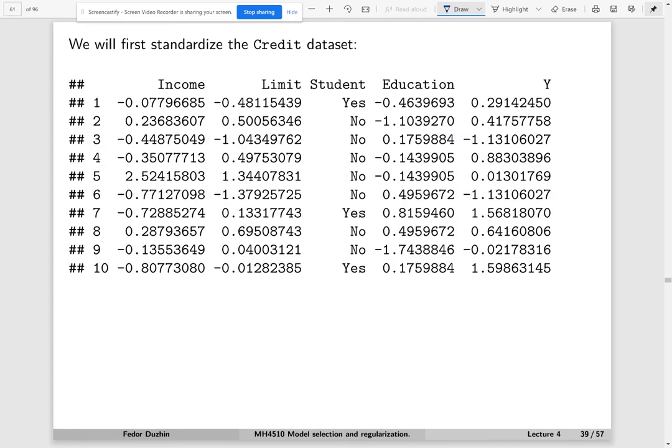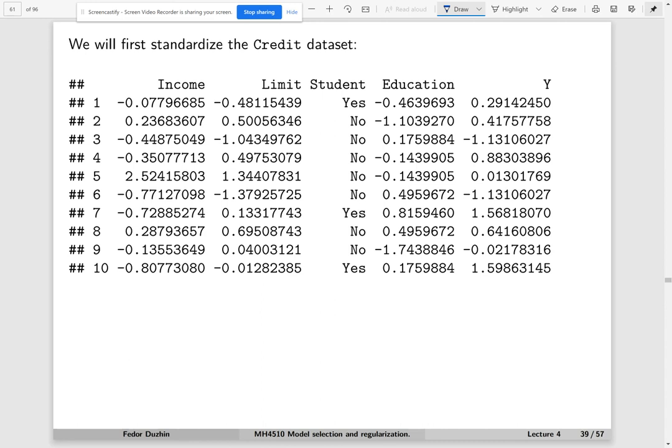Okay, now in order to see how it works in practice, we are going to use this credit data set, but since I wanted to plot coefficients of different variables in the credit data set, I'm going to standardize it, right?